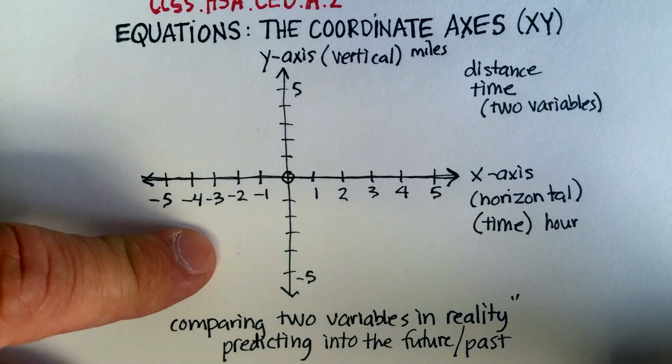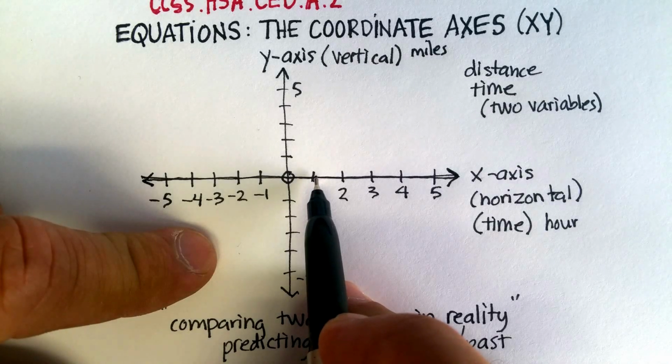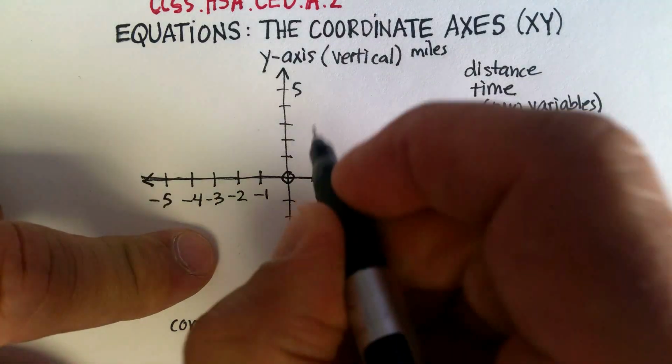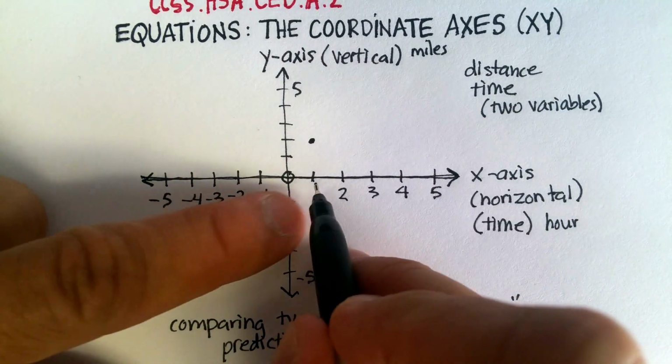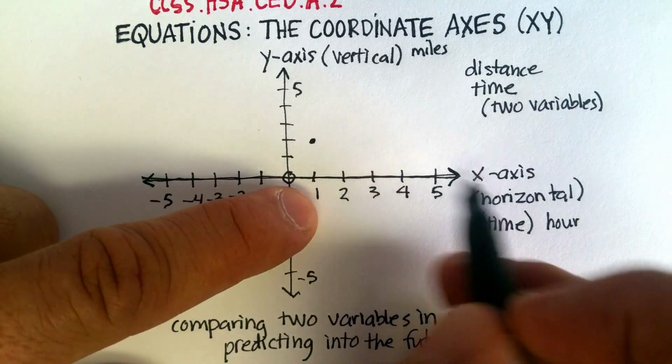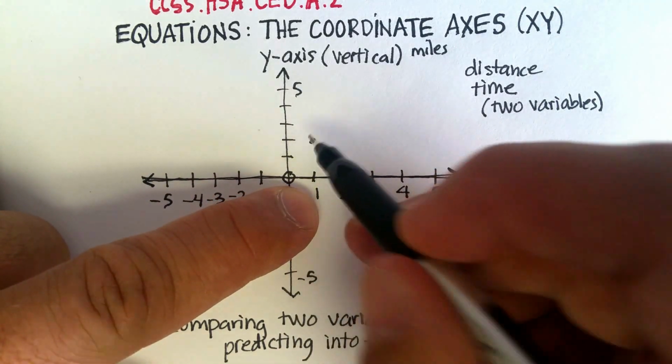And I could say something like this. After 1 hour, my car has traveled 2 miles. So at 1 hour, move 1 along the x-axis, it's gone 2 miles, go 2 along the y-axis.